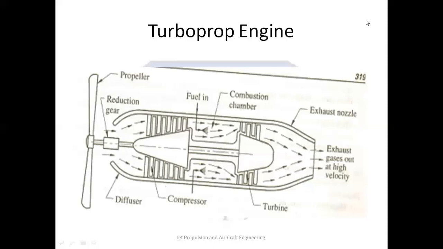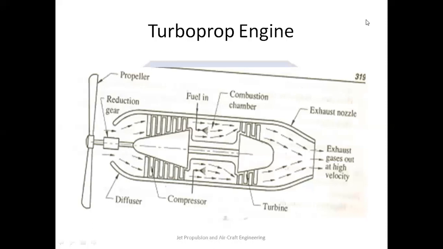Now let's begin with the working. First of all, the air enters the diffuser from the surrounding, where kinetic energy of air reduces and pressure increases. Then air is compressed in compressor before passing to the combustion chamber, where the fuel is supplied, and the combustible mixture is ignited, and due to that the combustible gases are generated.